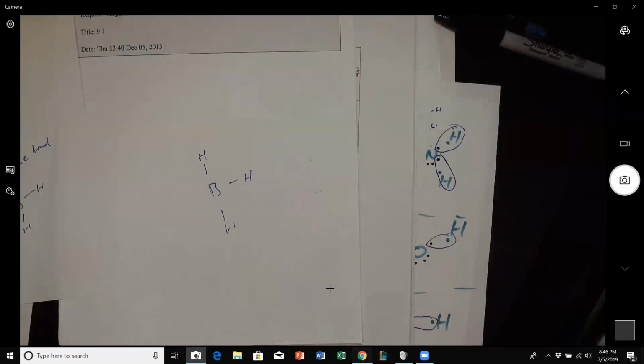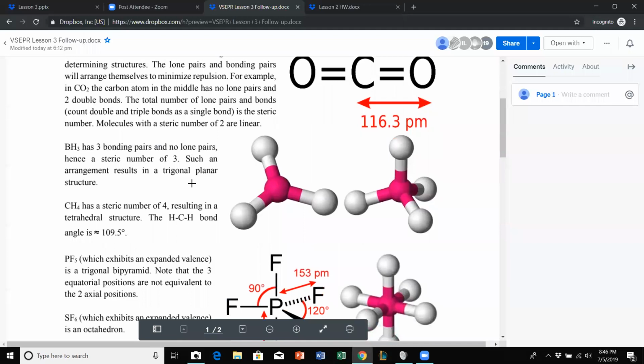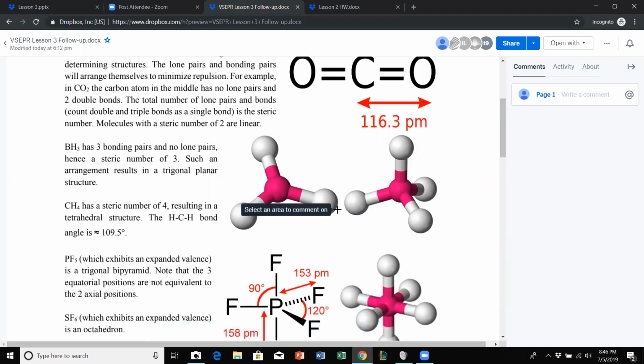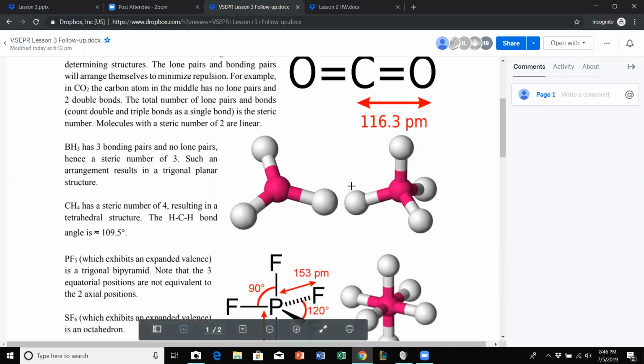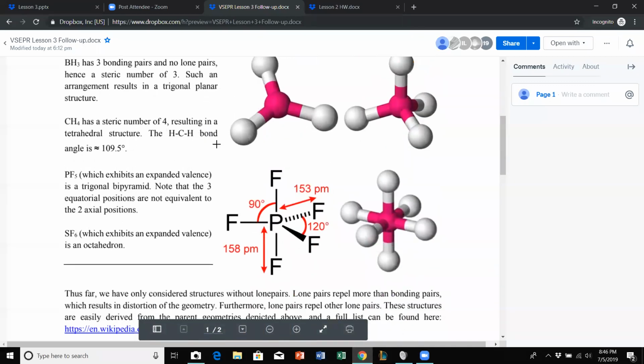Borane has a steric number of 3 because it has 3 bonds and no lone pairs. This means that to minimize repulsion, we get this trigonal planar structure. Can someone tell me what the hydrogen boron hydrogen angle is? Can someone tell me what this angle is? Yeah, 120. Okay, great.